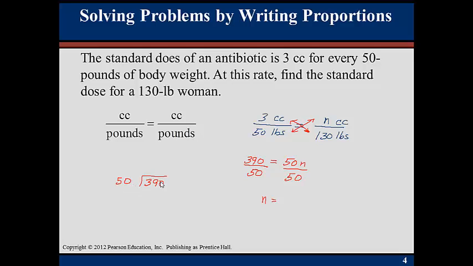And we're going to go ahead and do our long division. So 50 goes into 39 zero times, so 50 goes into 390 7 times. That's 350. 40, 0. We put our decimal in here. Drop down another 0. We get 400. So now we have 7.8. So n is equal to 7.8 cc's.